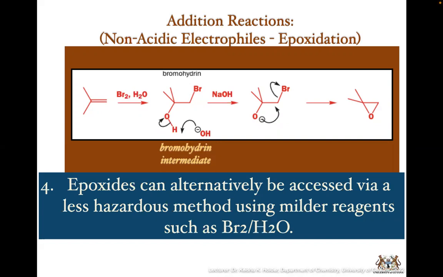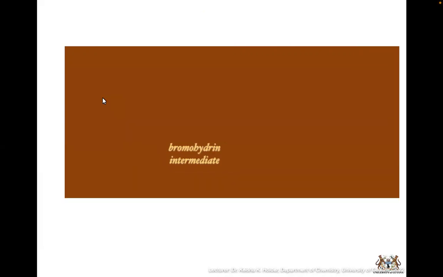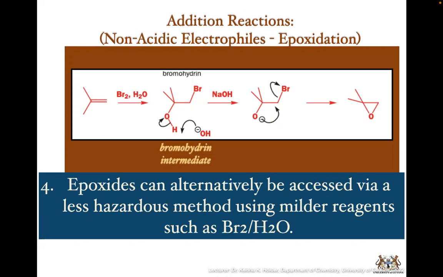And so we can expect that that will take place by the mechanism that we saw before, in that you have the bromonium species being formed here, the cyclic bromonium species.